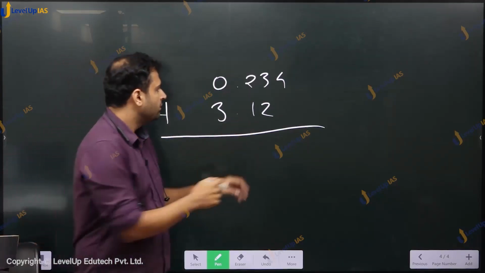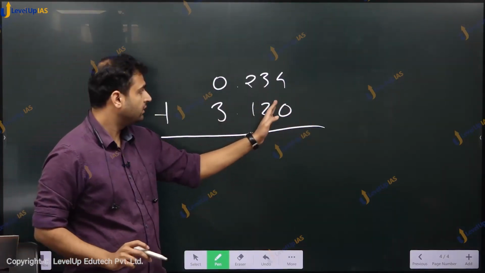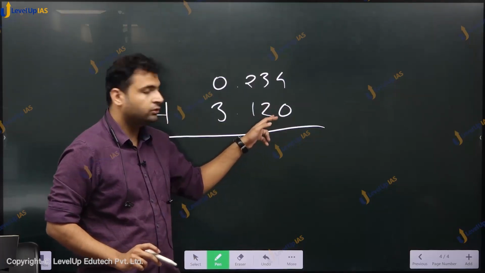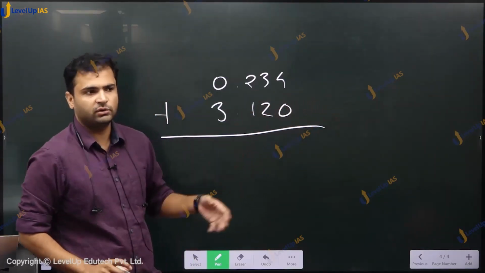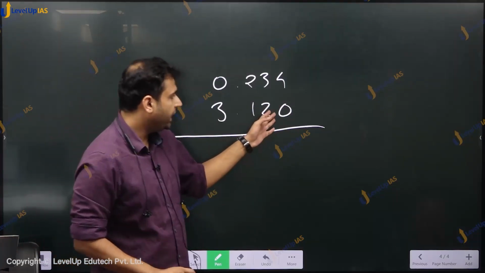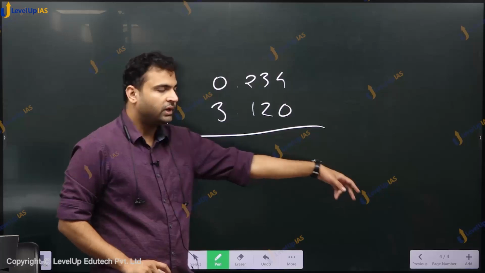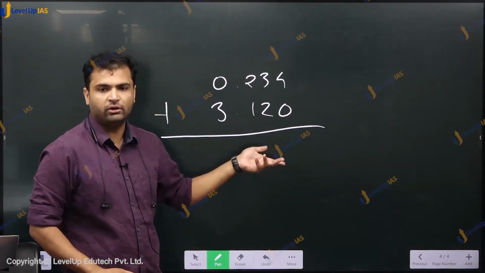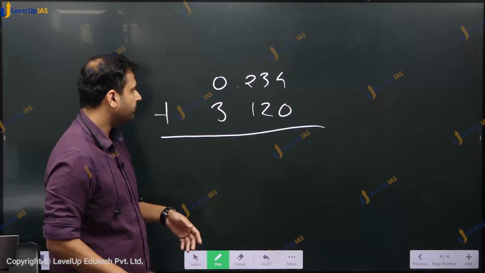Firstly, we just complete these 3 digits. After whenever non-zero digits are ending, we add a sufficient number of zeros after that. Adding zeros after this does not change values. Adding zeros in between will change values because place values of the other digits will change, right?